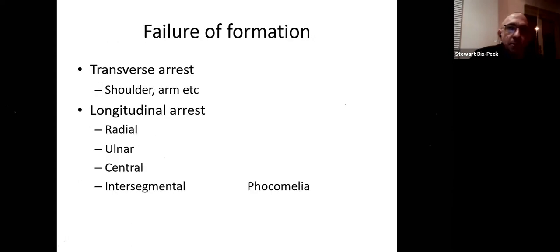So you've got failures of formation, and the only thing I really wanted to point out here is that if you have a transverse arrest, and bearing in mind 3 slides ago I said that the segments, scapula, humerus, forearm, carpus, and hand are elements that are coded for, you might have one of those that has a transverse arrest.